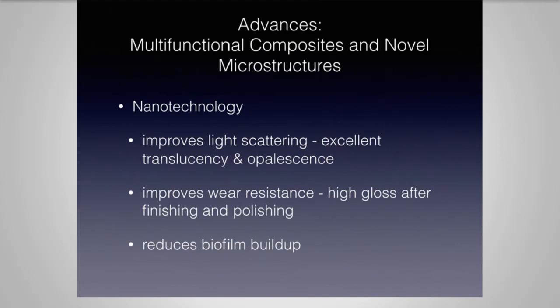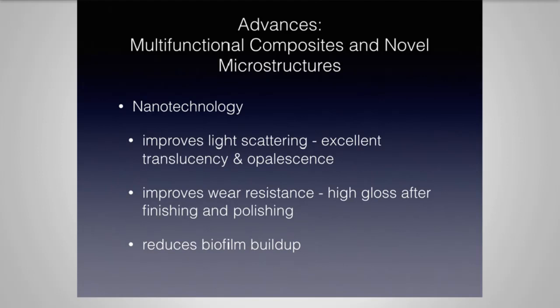These nanotechnology fibers will improve the light scattering, and by doing so, improve the translucency and opalescence of the material. So again, giving it more of a natural appearance. The wear resistance, we can get a higher gloss after finishing and polishing than we ever could, even just 5 years ago, with the materials that we're using today.